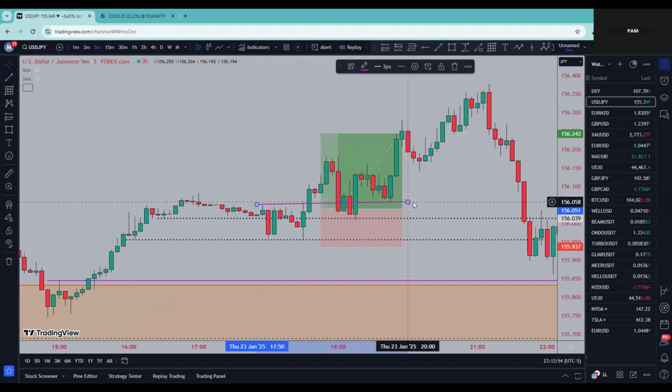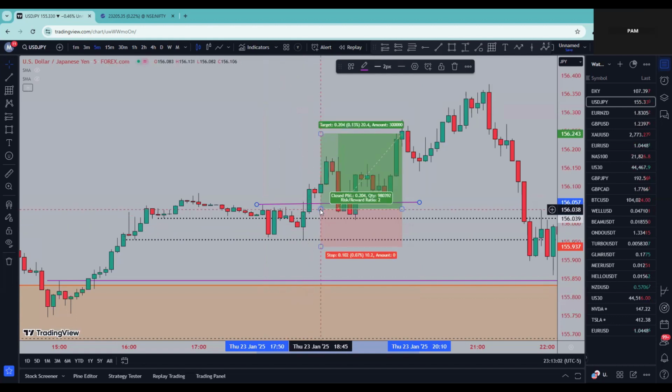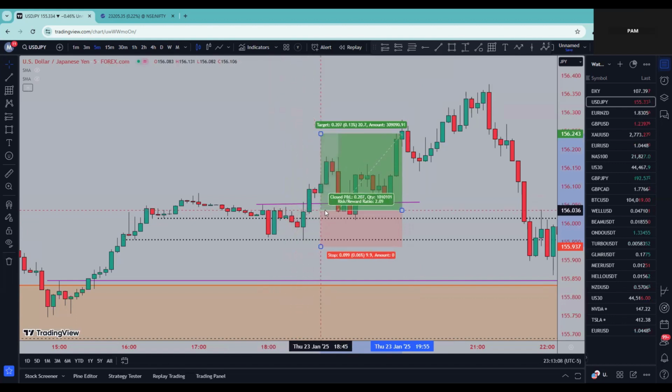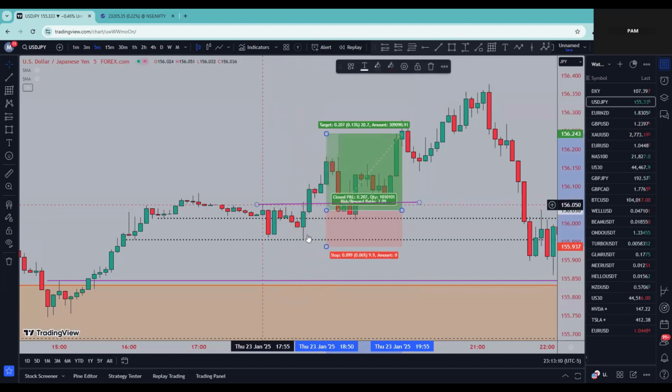So the moment it broke above the high, my entry will be anywhere between this high and this low. So I decided to use this side for my entry. I decided to place my entry here within the zone, right above the body of these candles. Can you see it?